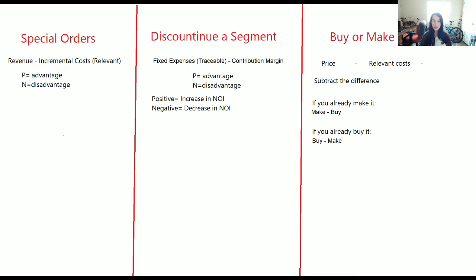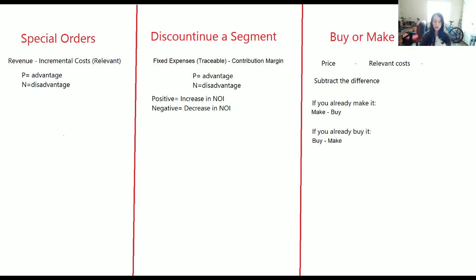So we can notice that these are three different decisions, totally different, but there are things that all three have in common. The first thing is that the first step that we're always going to do is just taking the relevant cost. And relevant costs sometimes are called avoidable or traceable, they're all synonymous.